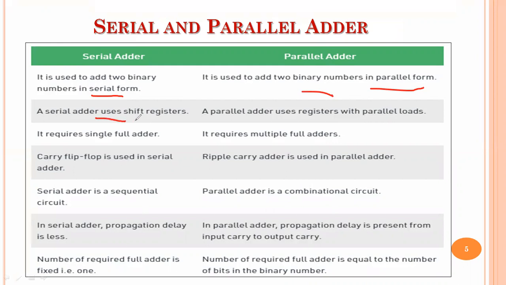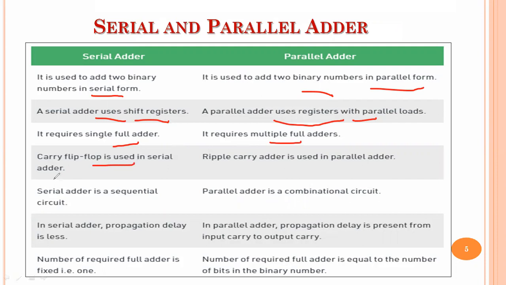Serial adder uses shift registers, which is why it is called a sequential circuit, whereas parallel adder uses registers only with parallel rows. They are not able to store the values in them. In serial adder, we use only a single full adder. Here we will use multiple full adders.